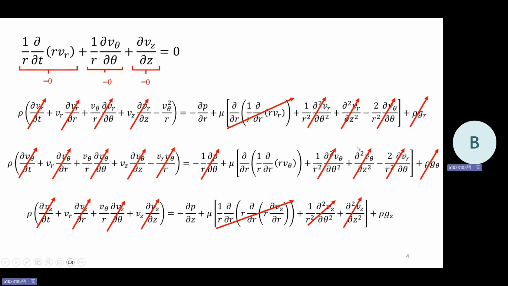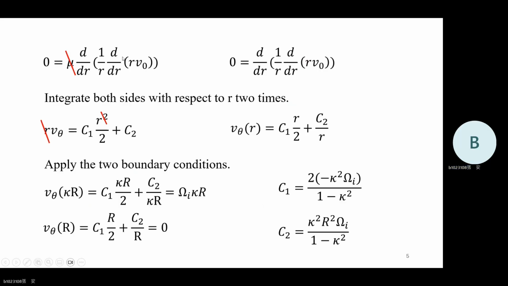So this term and this term and this term are equal to 0. And v r is equal to 0, so this term and this term are equal to 0. Because rho is a constant, this term is equal to 0. And v theta is a function of r, so this term and this term and this term are equal to 0. For the final term, we look at g theta, because gravity is in the vertical direction, so g theta is equal to 0. So we get this equation.